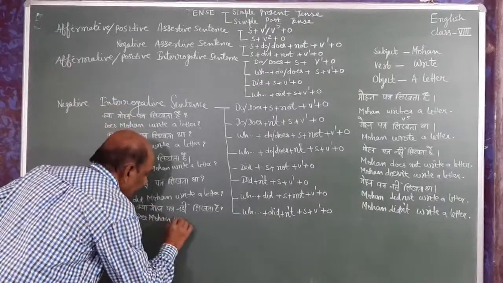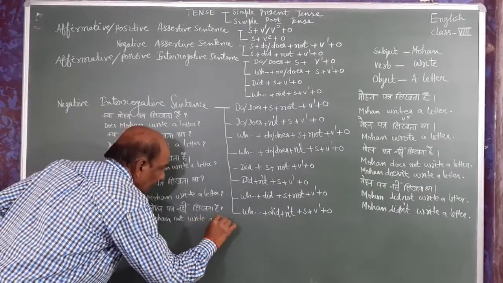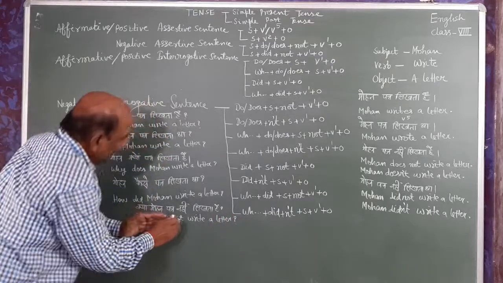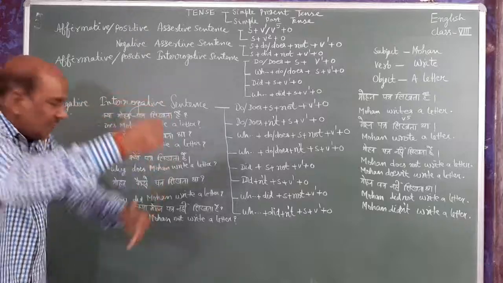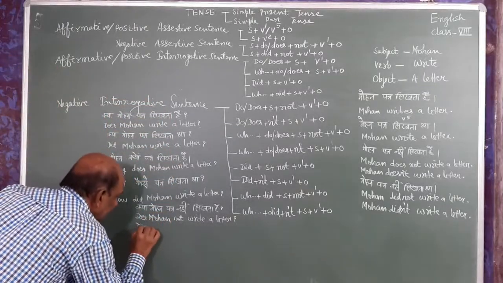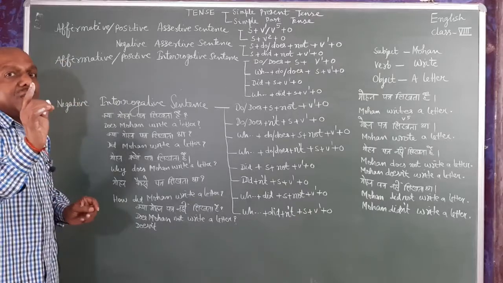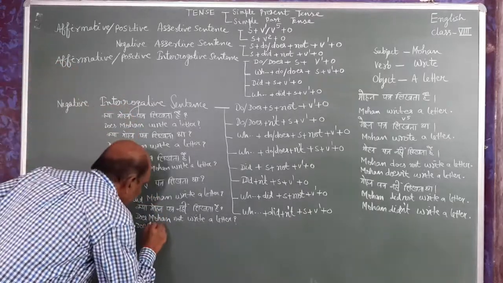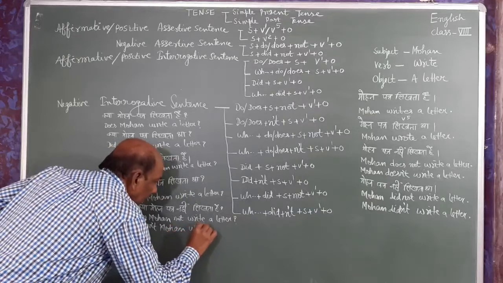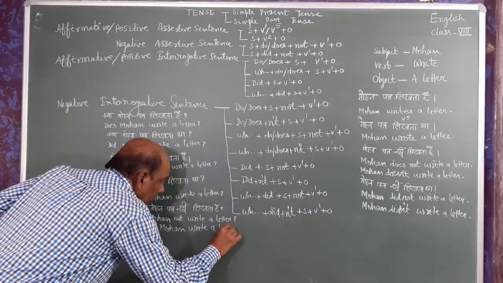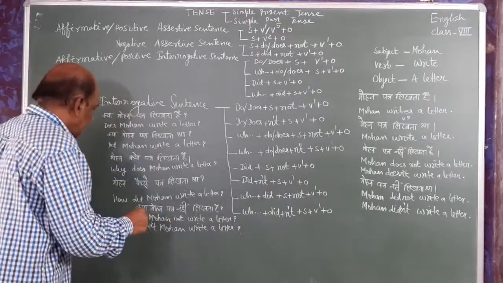Does Mohan not write a letter? Question mark. We can bring not here also, but the form will change. Does, doesn't. See here again pronunciation, doesn't Mohan write a letter.